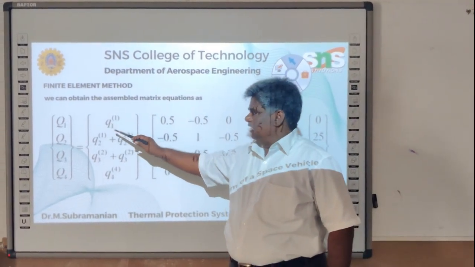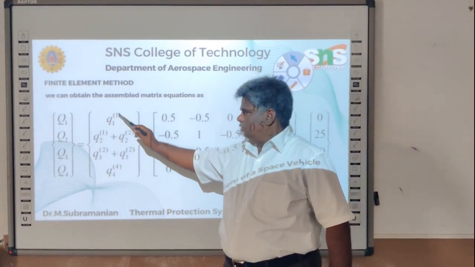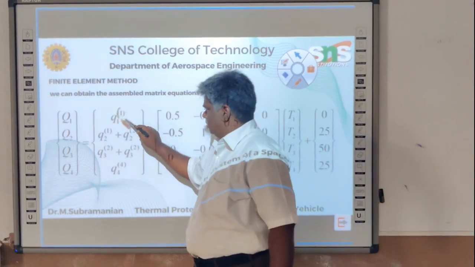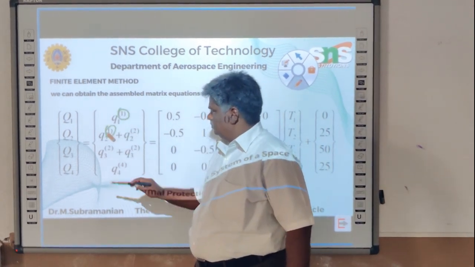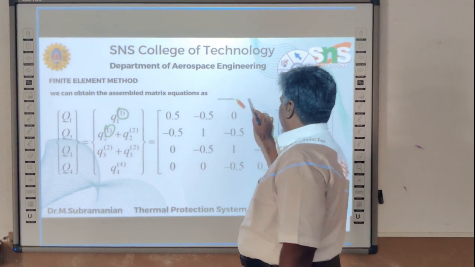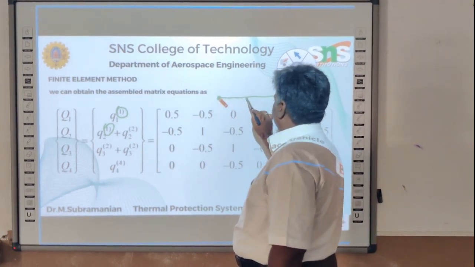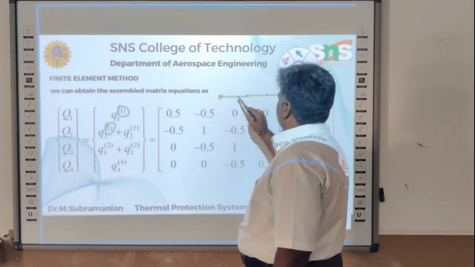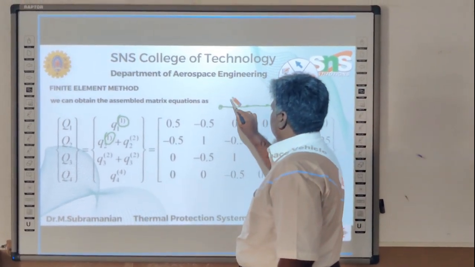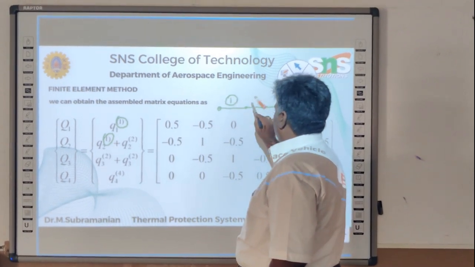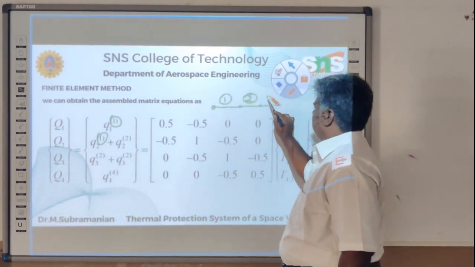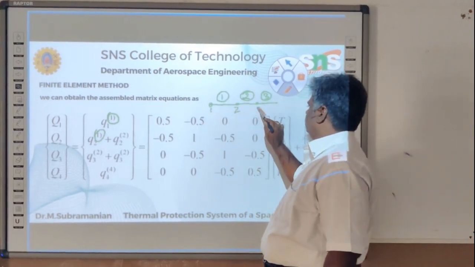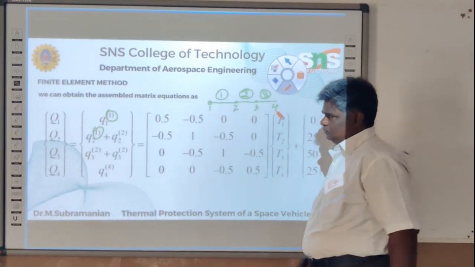So Q1 is for element 1. Q11 will indicate element 1, and this is also element 2. Actually, your elements are element 1, element 2, element 3, and node 1, node 2, node 3, node 4.